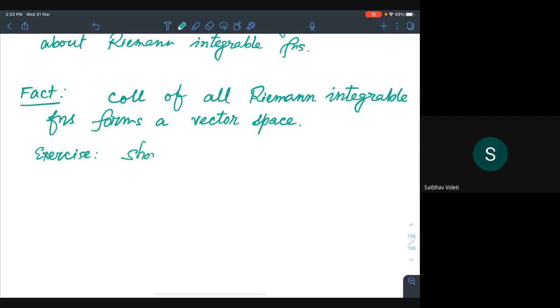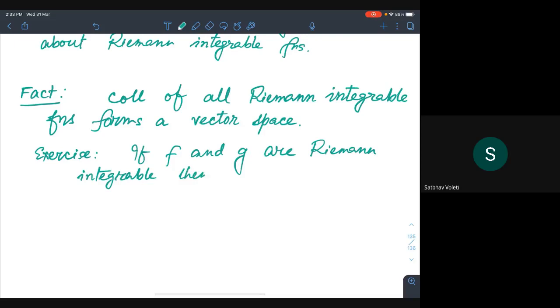Show that if f and g are Riemann integrable on [a,b], then f plus g is also Riemann integrable on [a,b].